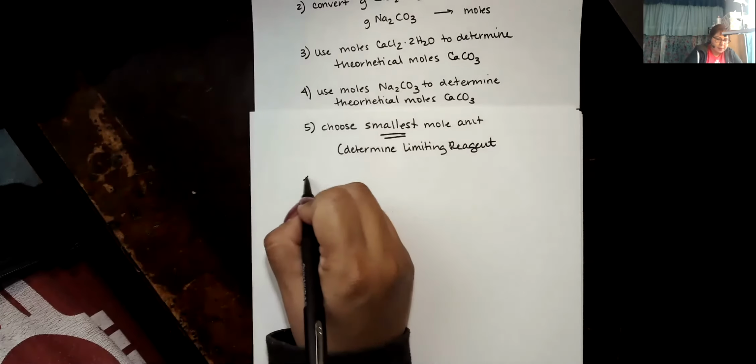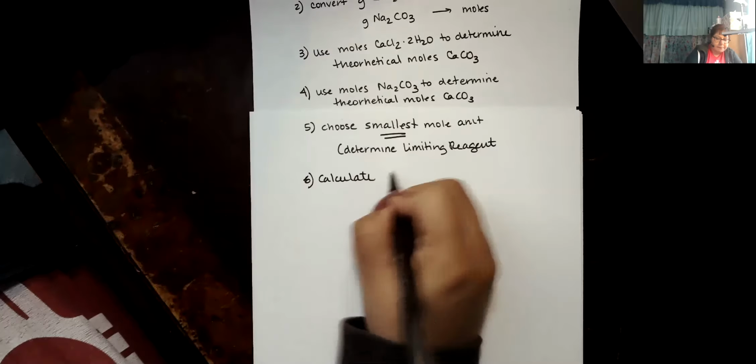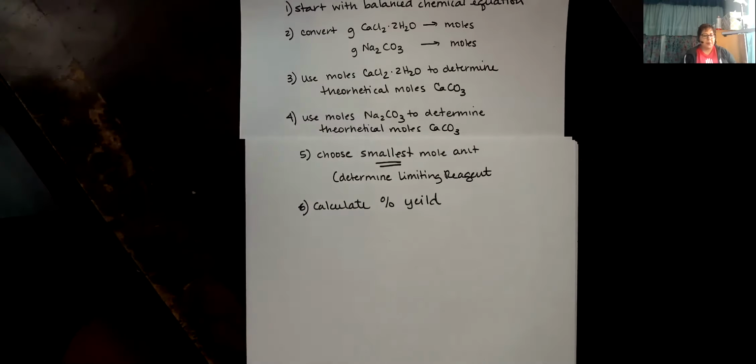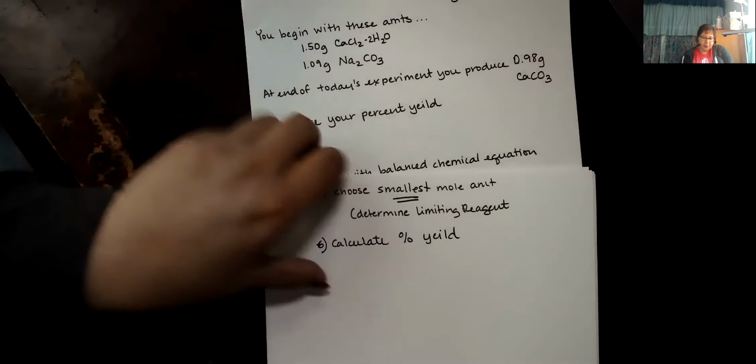And then from there, we can calculate our percent yield. So this is our strategy. I'll go through it with you based on these initial amounts. So here we go.